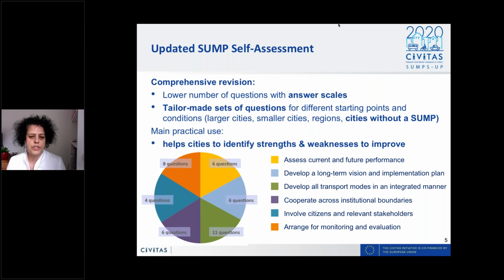There will be questions related to assessment of the current and future performance, about the development of a long-term vision and implementation, the development of all transport modes, questions about cooperation across institutional boundaries, questions about the involvement of citizens, or the monitoring and evaluation process.